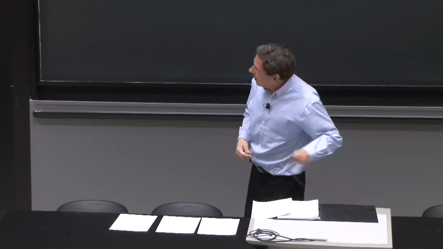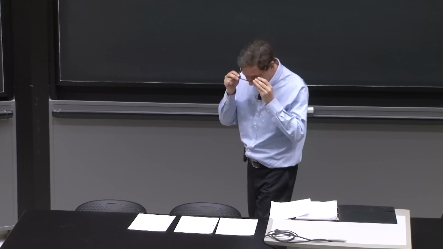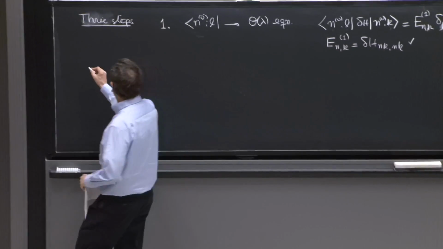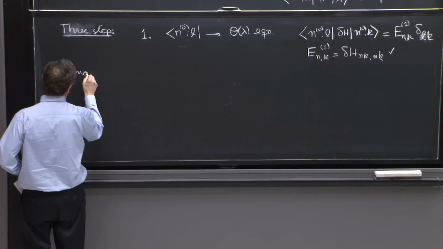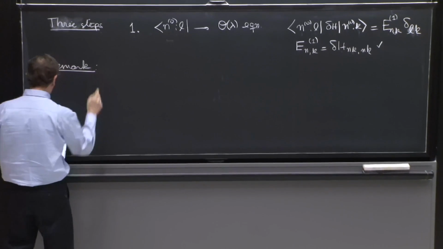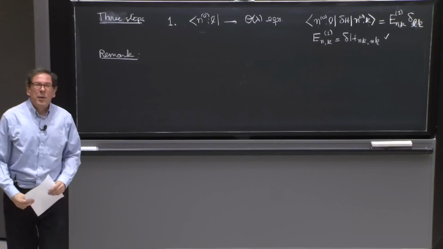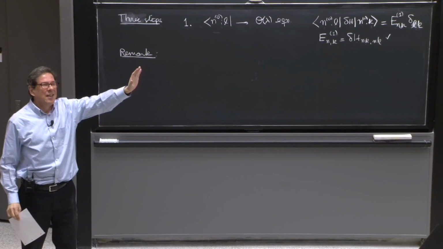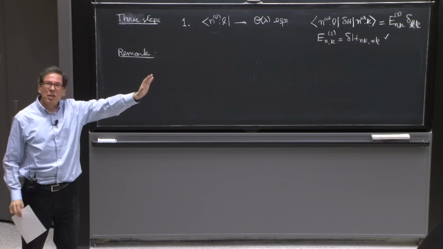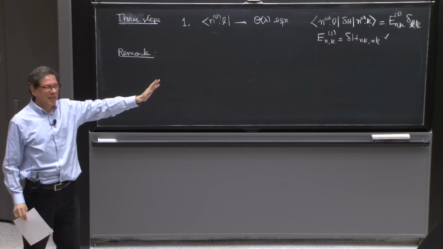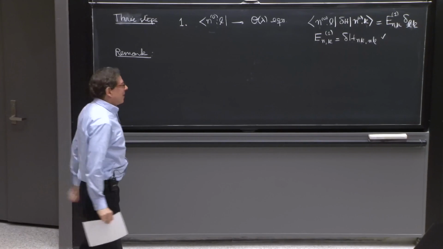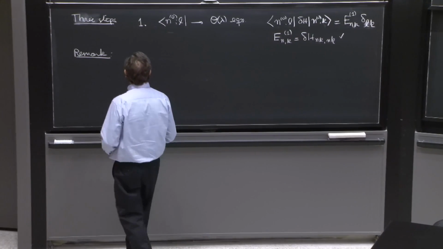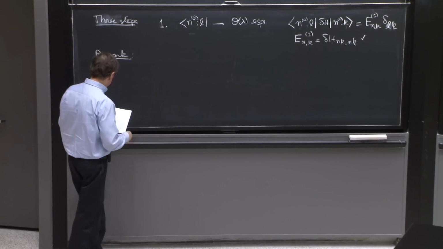So I want to make a couple of remarks on this. The first remark is a terminology. We can say that the degeneracy was lifted by the perturbation, and that's a great thing if it happens. We'll comment more. It's a very nice thing if it happens.